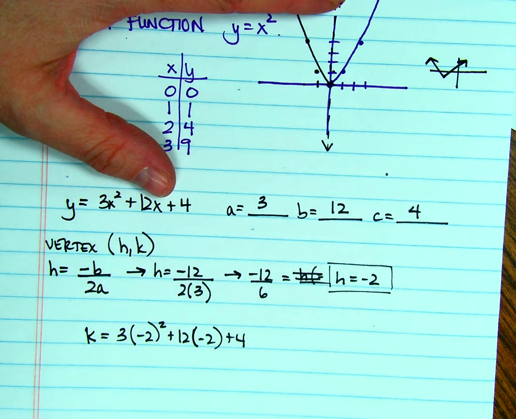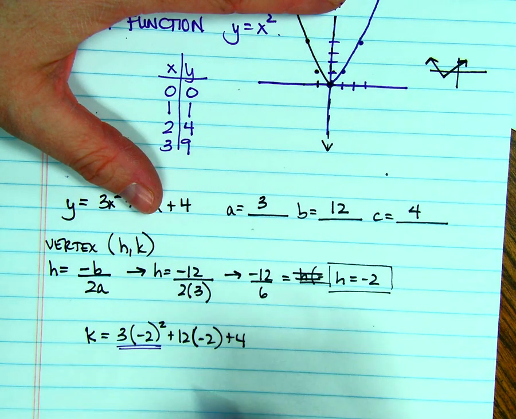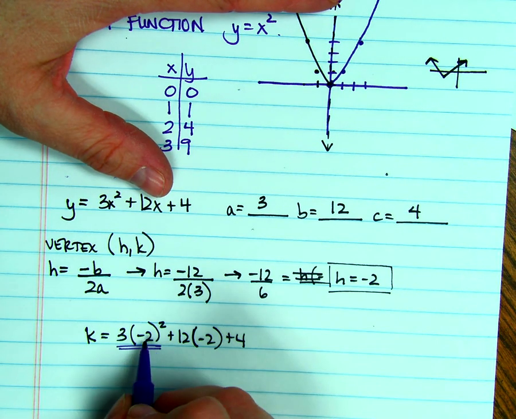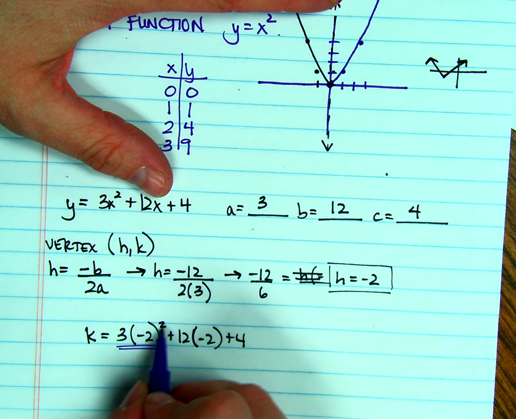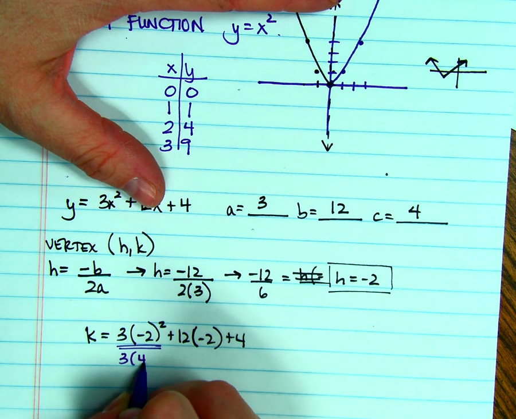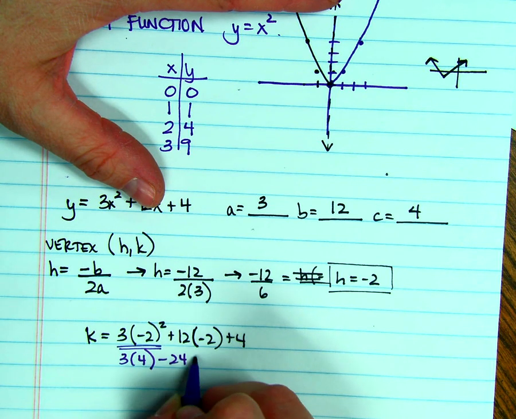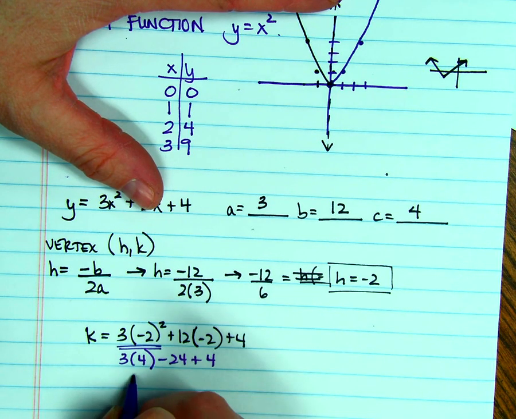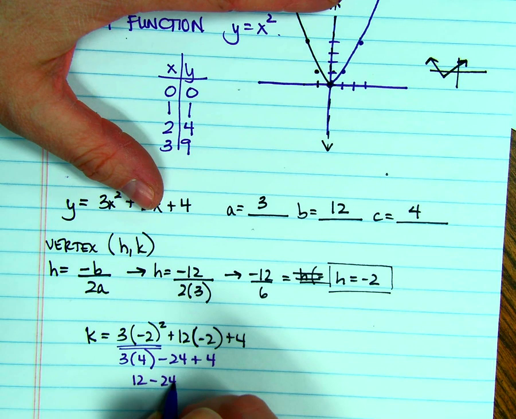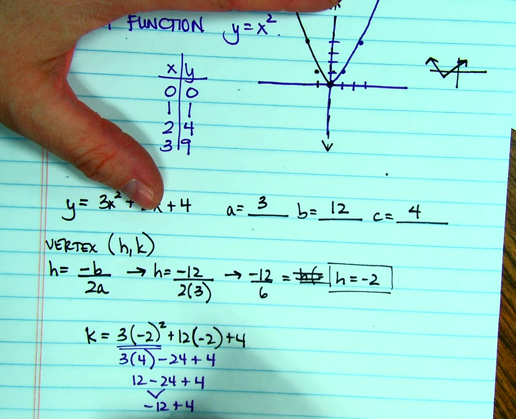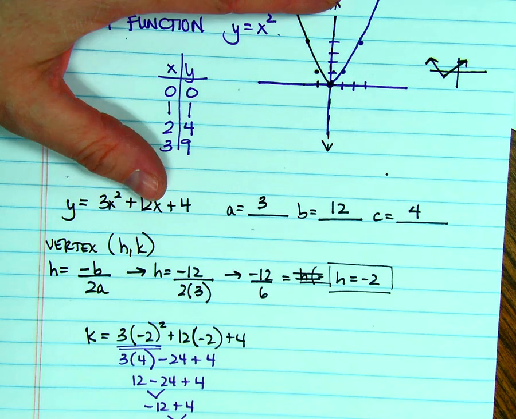The most common error is right here. Exponents come first, so negative 2 squared is a positive 4. Gives me a negative 24 plus a 4. So 12 minus 24 plus 4 gives me negative 12 plus 4 gives me a negative 8.